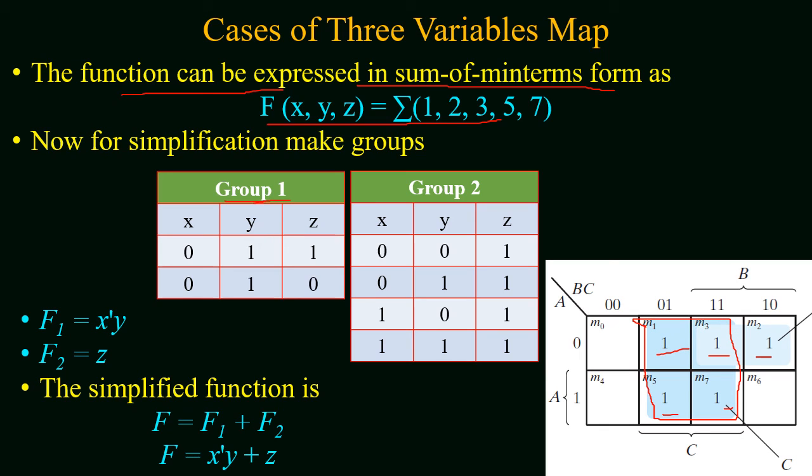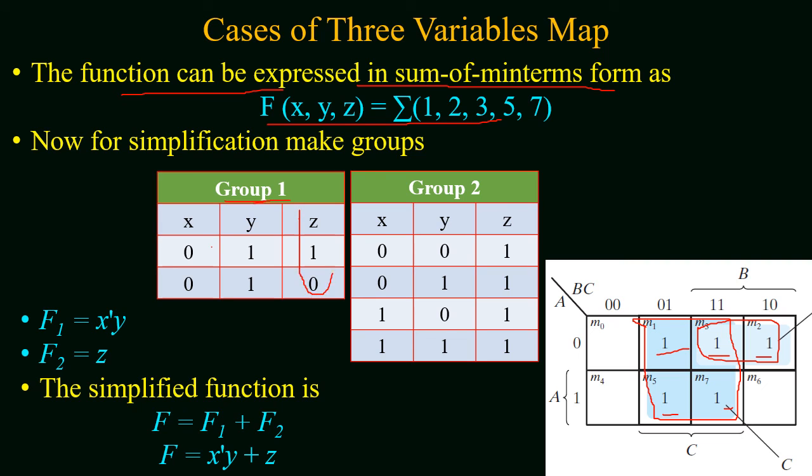If we analyze the first group, this group has x and y with constant values and the value of variable z is changing. So we will remove the dissimilar variable and this will result in a function f1 equals x prime y.